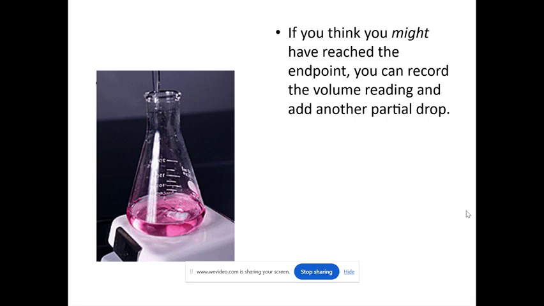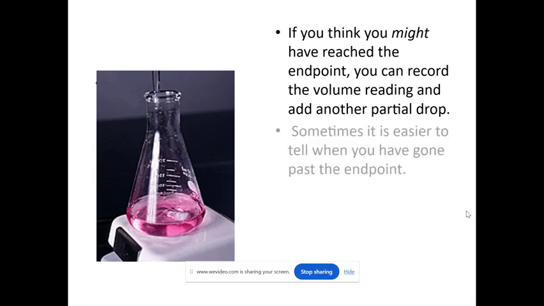Okay, and then add another small drop, and you might find what you see here, the whole solution has gone pink. At that point, you're done, and I would use the volume that you took right before you hit that last drop, rather than the one after the last drop.